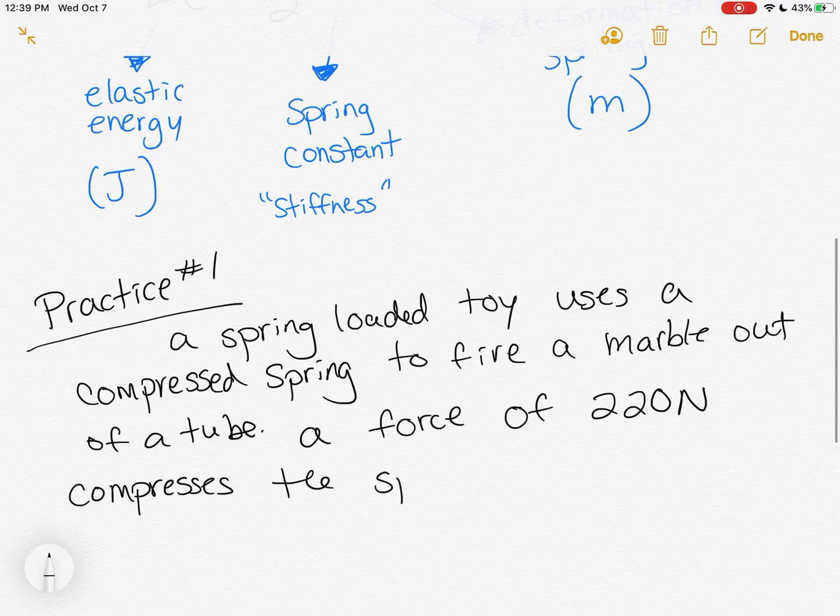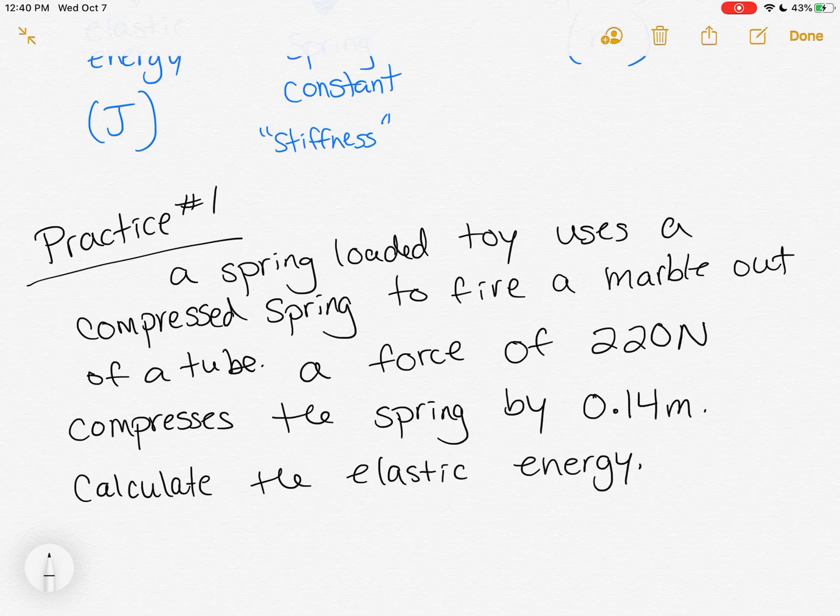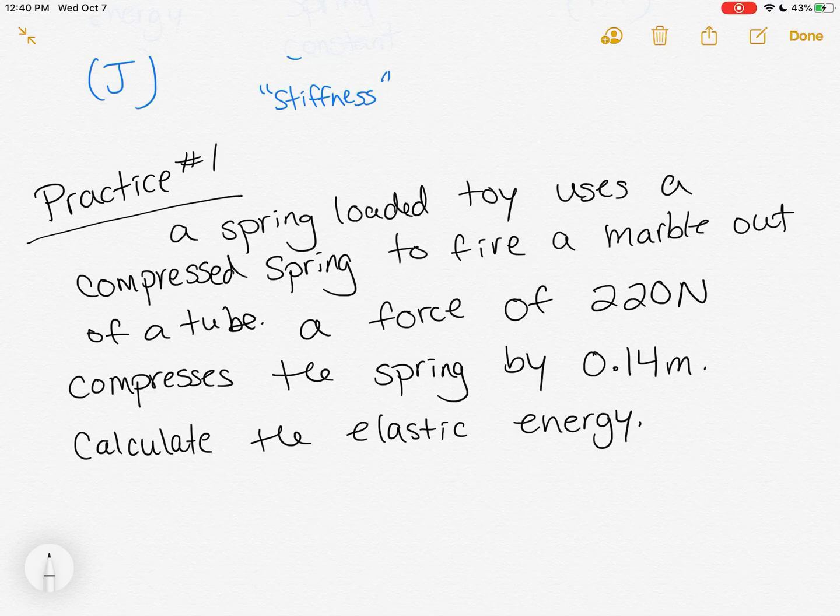A force of 220 newtons compresses the spring by 0.14 meters. Calculate the elastic energy.